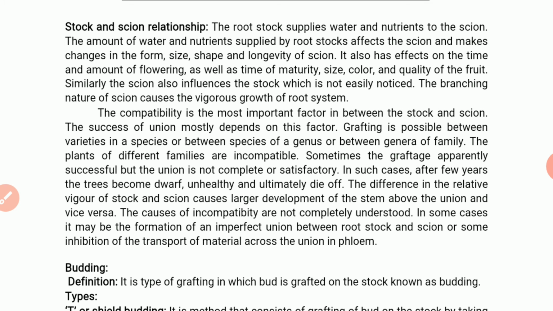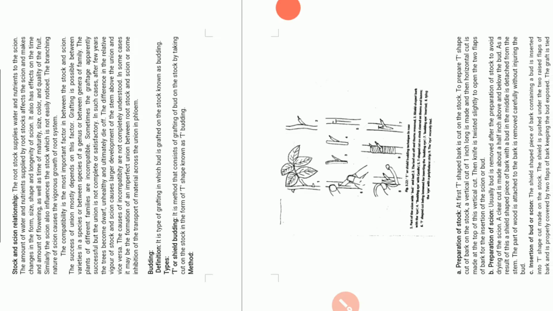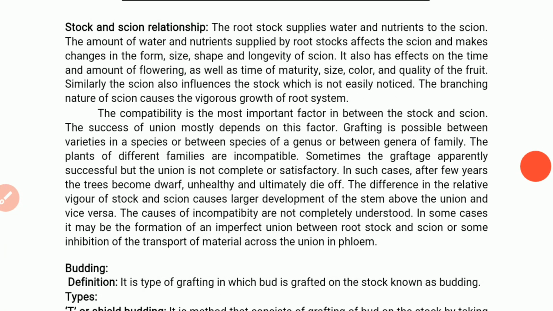The causes of incompatibility are not completely understood. In some cases, it may be the formation of an imperfect union between rootstock and scion, or some inhibition of the transport of material across the union in the phloem. So this is the stalk and scion relationship.